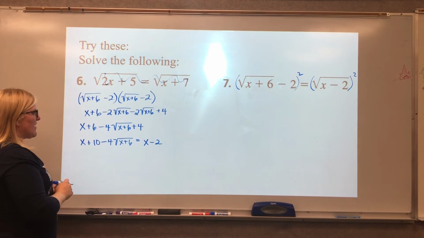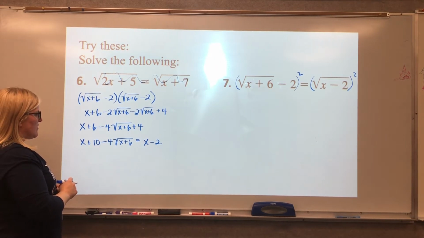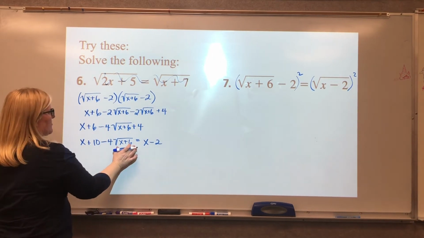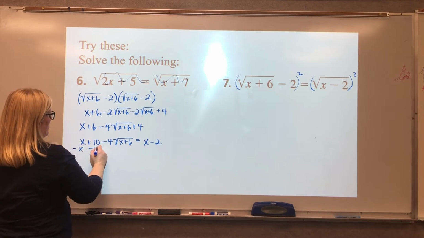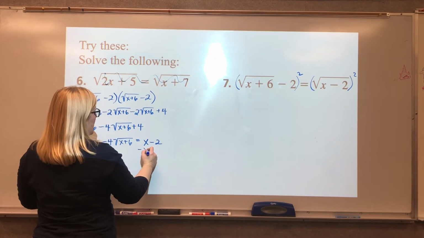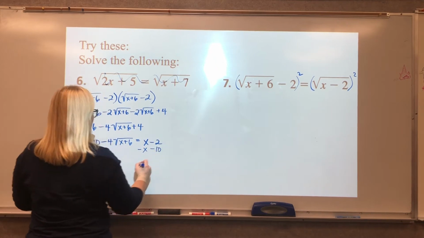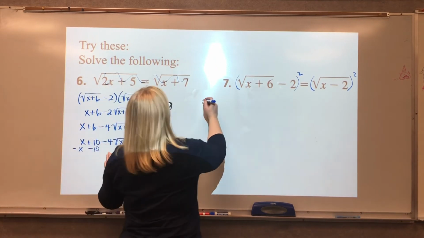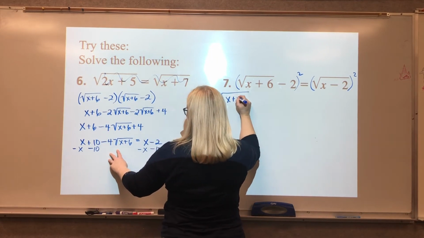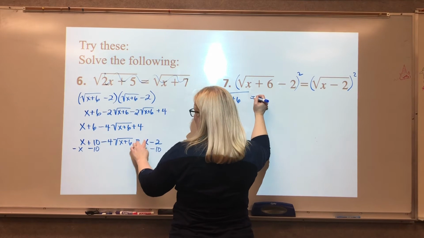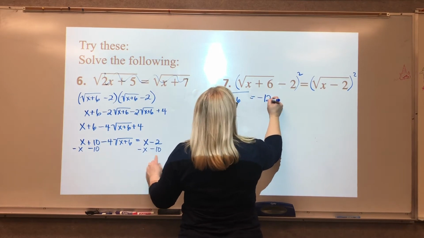All right, so let's get everything over to the correct sides. We want to get this by itself. So I'm going to subtract x and 10 from both sides. So subtract x, subtract 10, and now I have negative 4 times the square root of x plus 6 equals, okay, the x's cancel, negative 12.